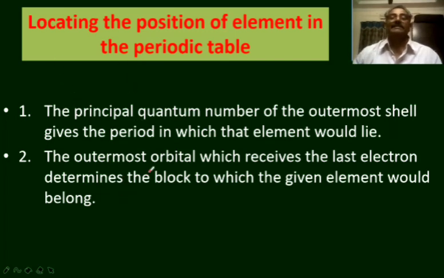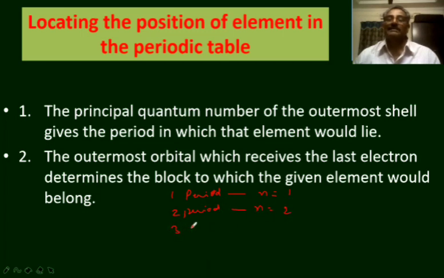We already discussed that for all the elements in the first period, the principal quantum number is 1. For all the elements in the second period, the principal quantum number is 2.